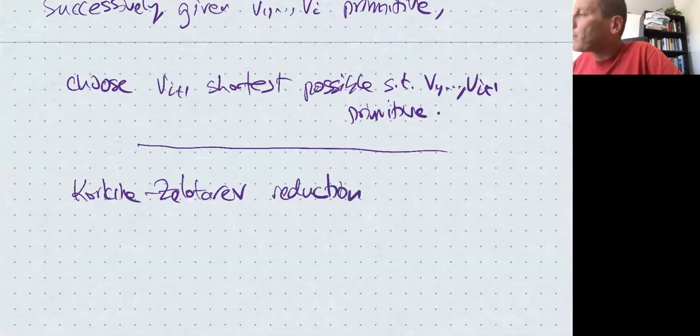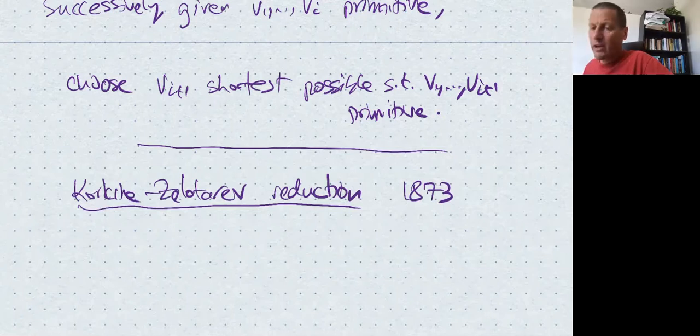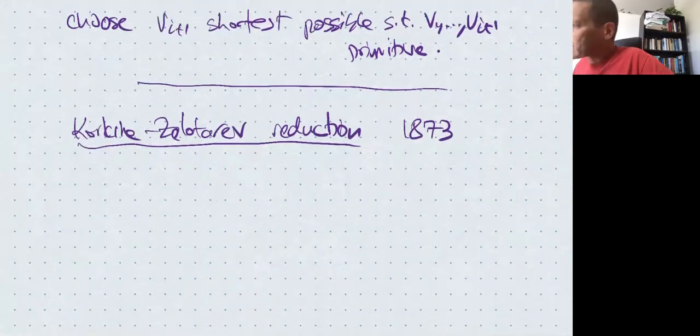This is an algorithm from 1873. Algorithm in the sense you can't implement it because it involves choosing the shortest vector in a discrete set, which is a very difficult problem, but it's a theoretical algorithm, and it's going to find you a basis for the lattice, and this is what you do.